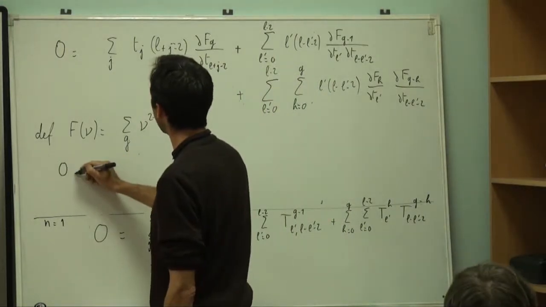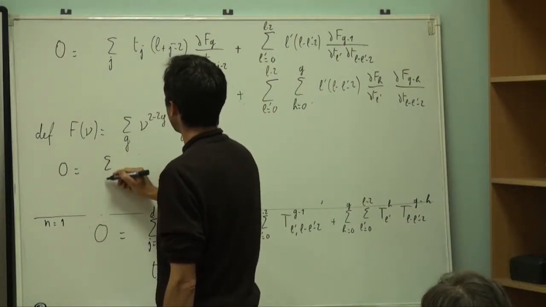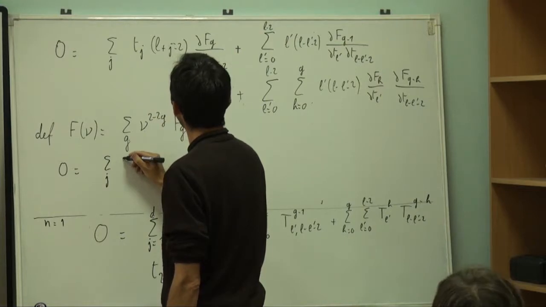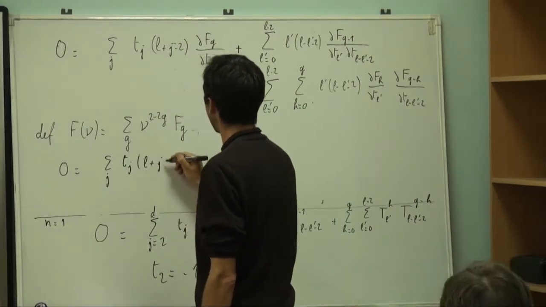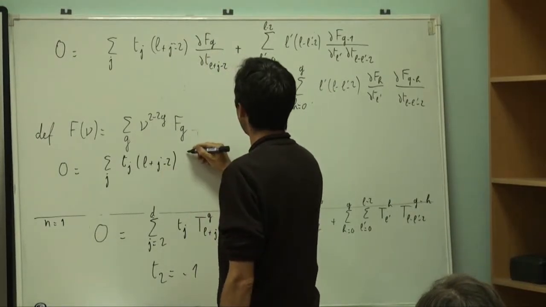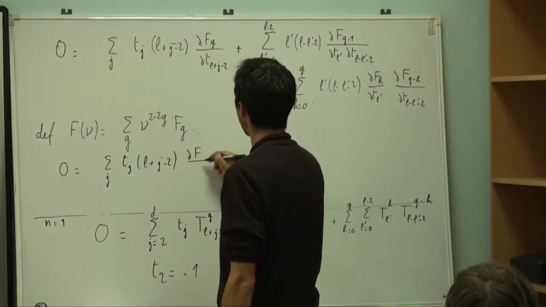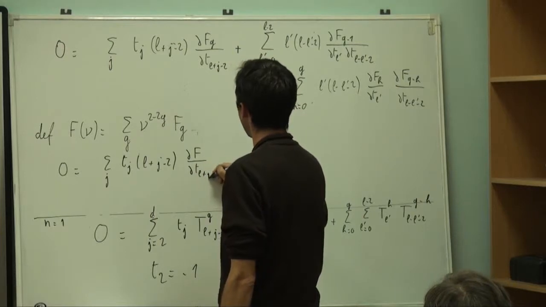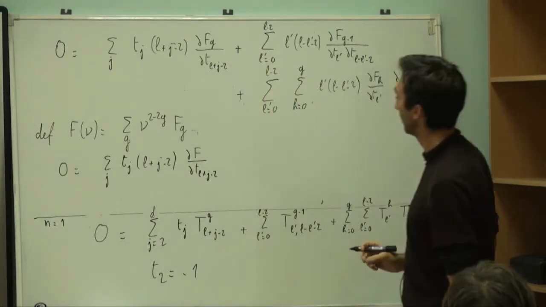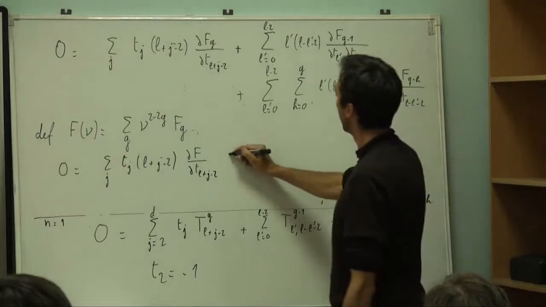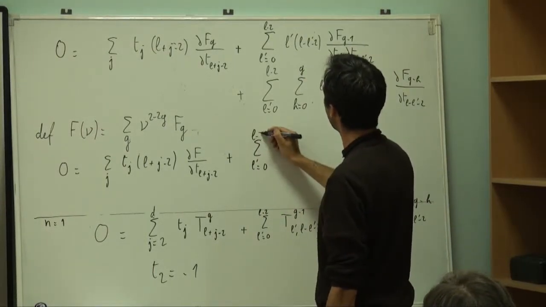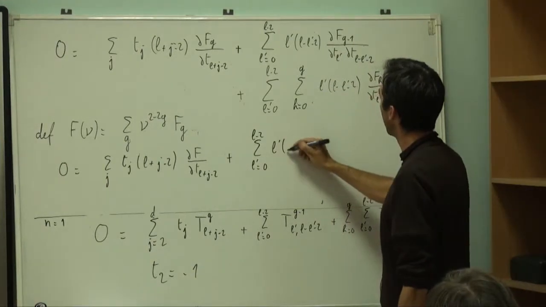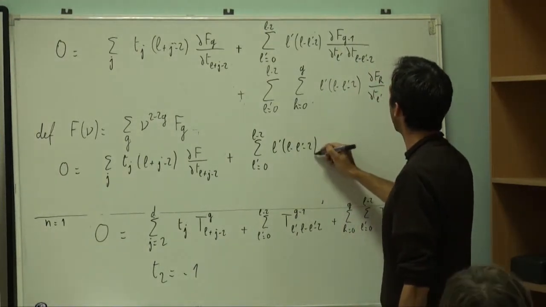We get that 0 equals sum over j tj l plus j minus 2 df over dt l plus j minus 2 plus sum over L prime equals 0 to L minus 2, L prime, L minus L prime minus 2.